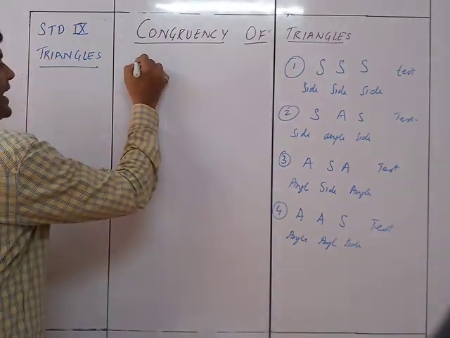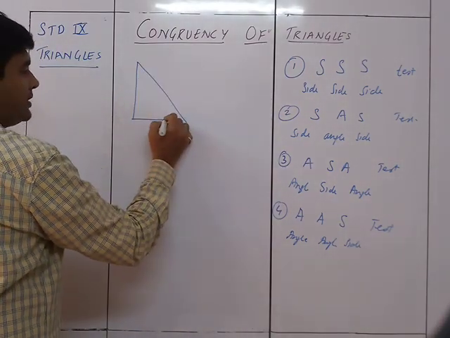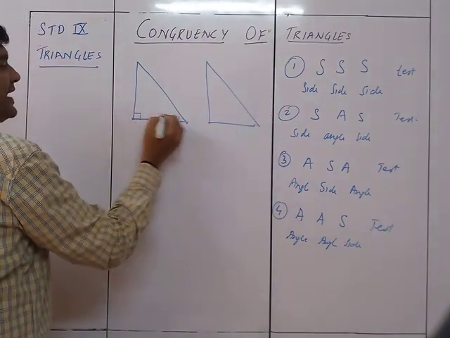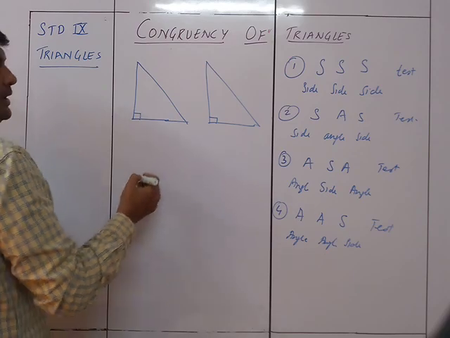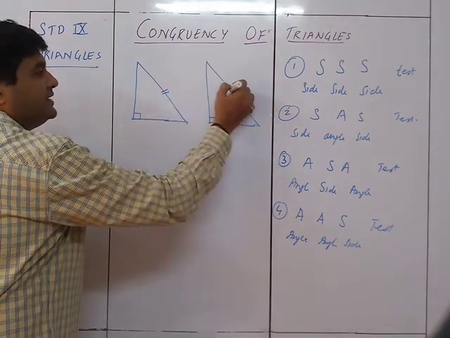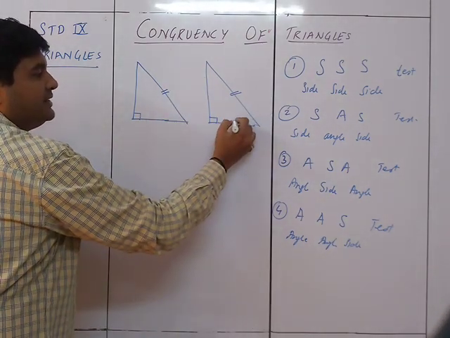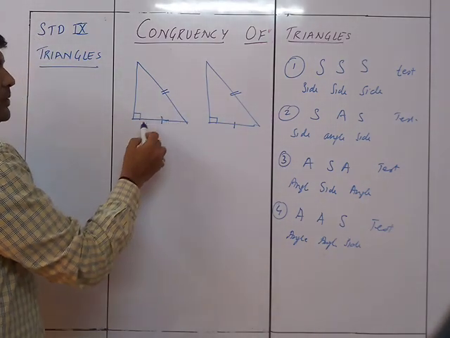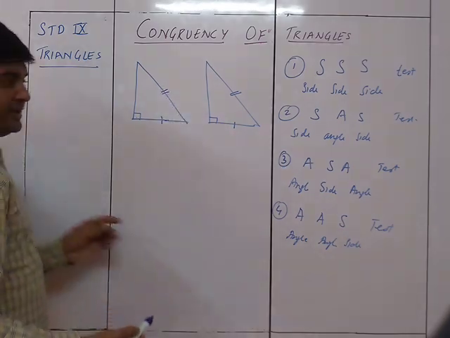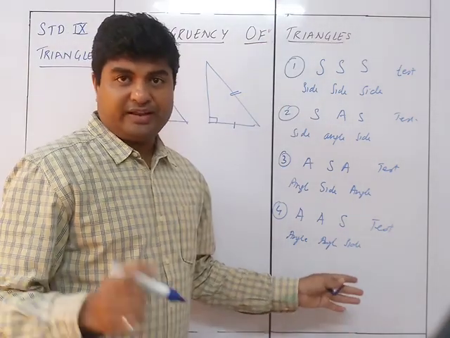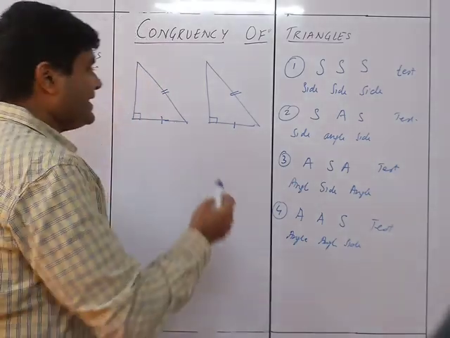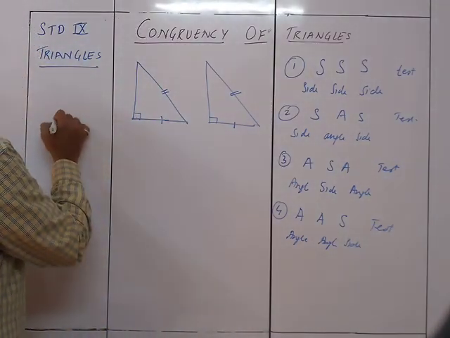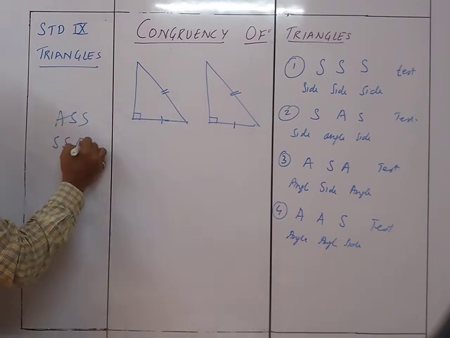If this is one triangle and this is another triangle, and it is given that this is 90 and this is 90, and the hypotenuse is equal to the other hypotenuse and this side is equal to this side, you can see that it will be like an ASS test. Is there any ASS over here? No, there is no ASS, neither SSA. There is no ASS or SSA.